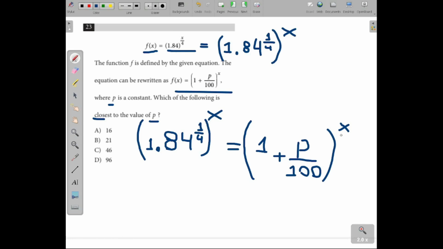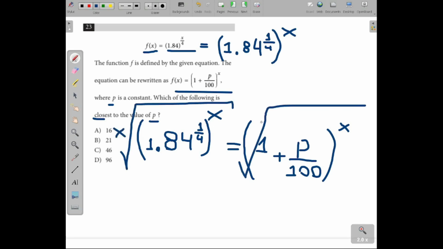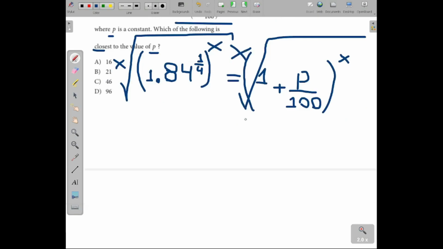Now if we look here, we could get rid of this x and we'll find the value of p. So we could apply the x root to both terms, and that way we'll get rid of the x.